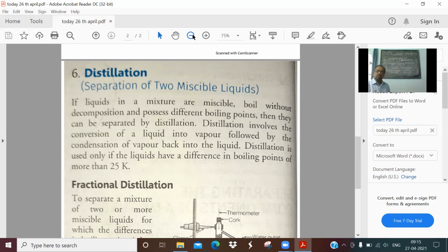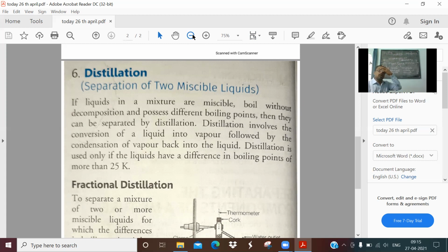Generally, different liquids have different boiling points. They are never the same. But if it is too close, suppose there is a liquid with 99 degrees Celsius boiling point and water with 100 degrees Celsius, if they are soluble, you cannot use distillation for this.